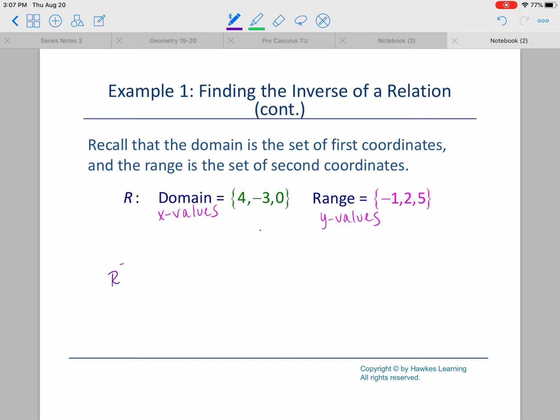So what about my inverse relation? My domain would actually be the range from the relation, so it would be -1, 2, and 5. And the range of this inverse would be what was the domain of the original relation, which is 4, -3, and 0.